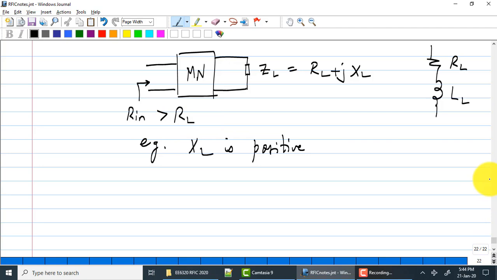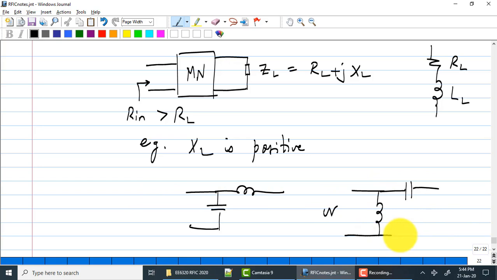If you had to match only to RL, what kind of matching networks could you choose? You would have the choice of this or this. These are the two types of matching networks you would use if you wanted to do upward matching from RL to RN. We have seen these two before.